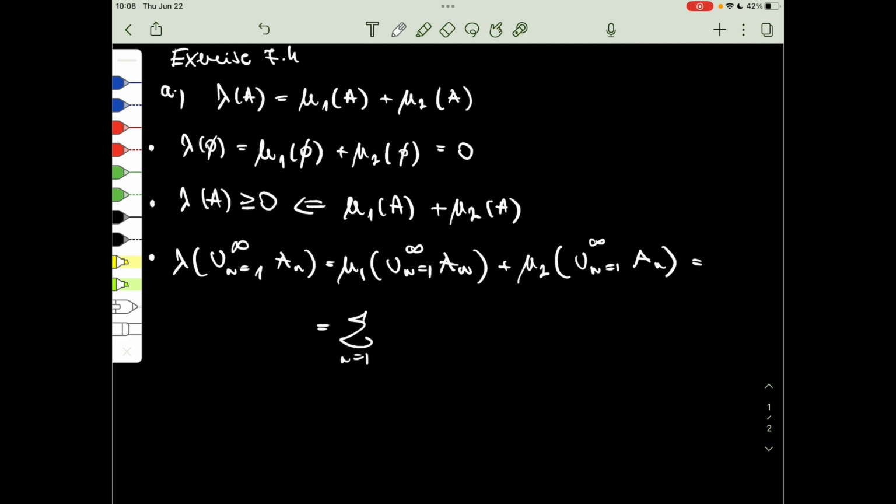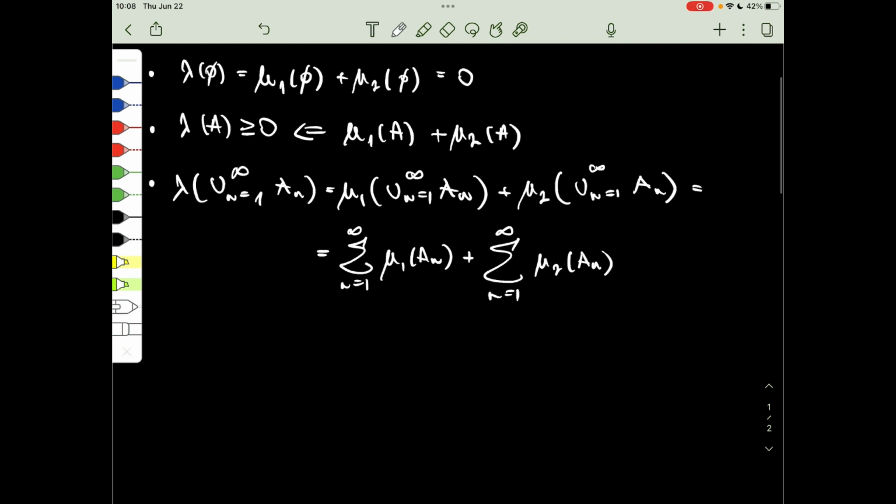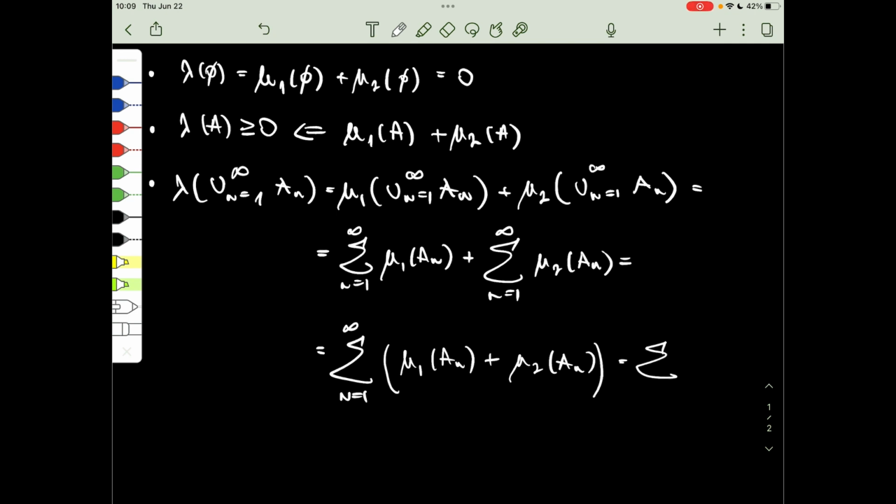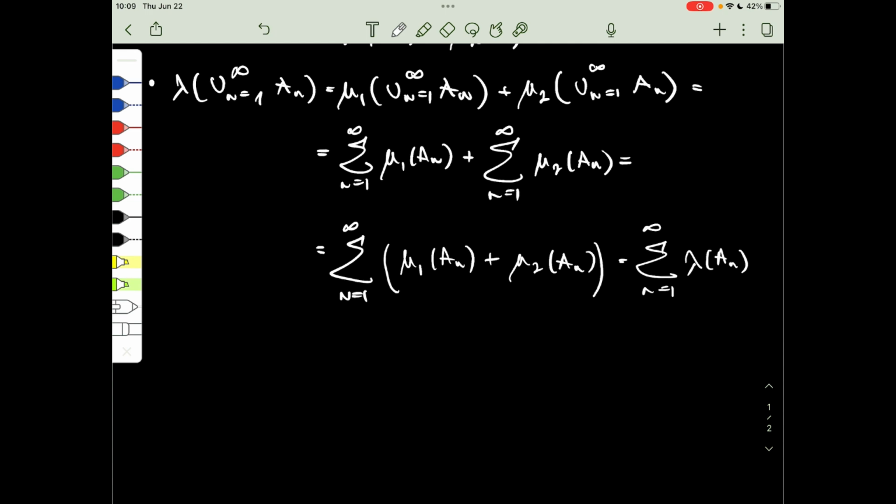So this is what we have. So we traced back the function to the sum of sums, and altogether I insert one more row to be clear. So lambda is a measure.